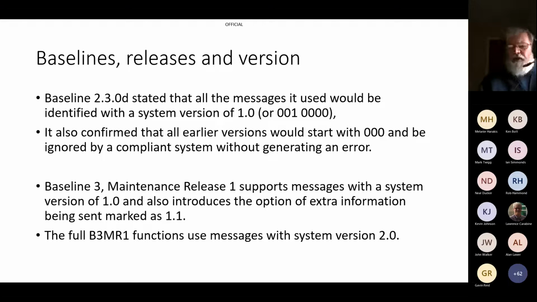And as we go through, I'll try and explain that a little bit more. All the new functions, in fact all the functionality that's baseline 3, would be marked with system version 2.0 and would be available to a baseline 3 train operating on a baseline 3 trackside.